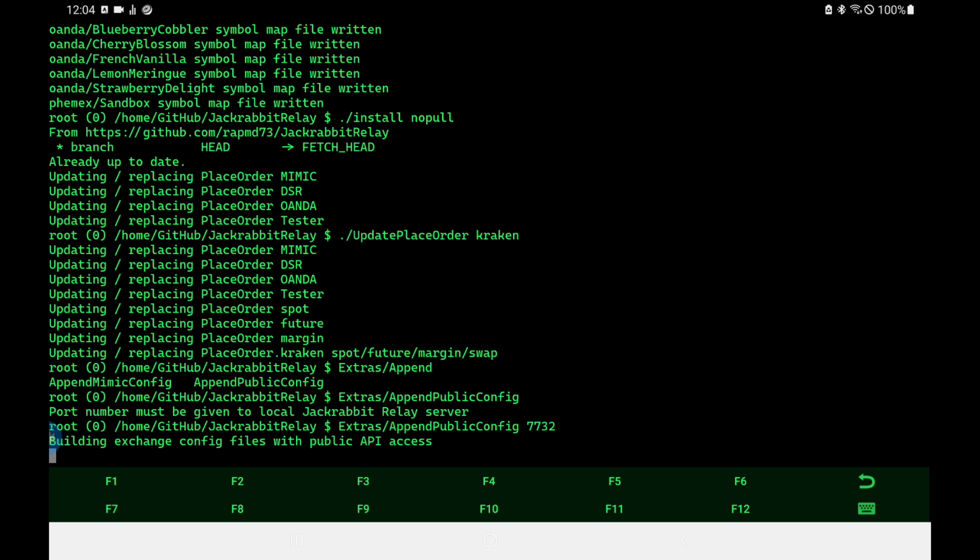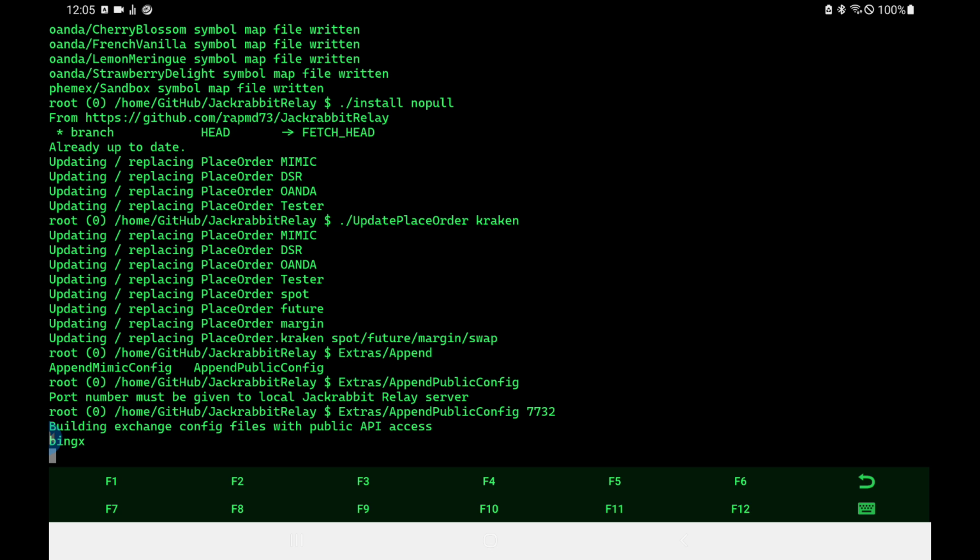And then it will go through, and now it will go through every exchange it can access and try to determine whether or not you are legally able to access it from your jurisdiction. Not all jurisdictions are allowed access to every exchange.